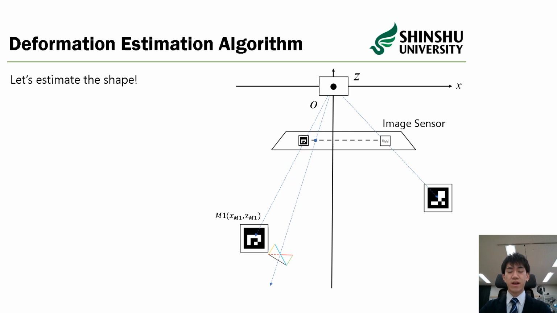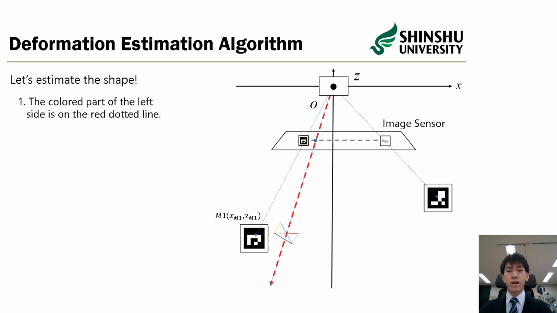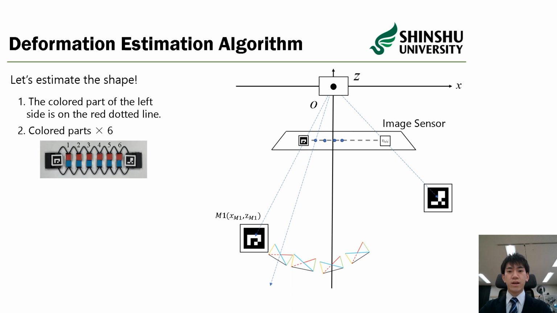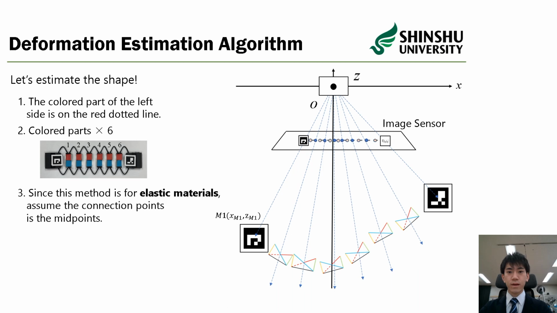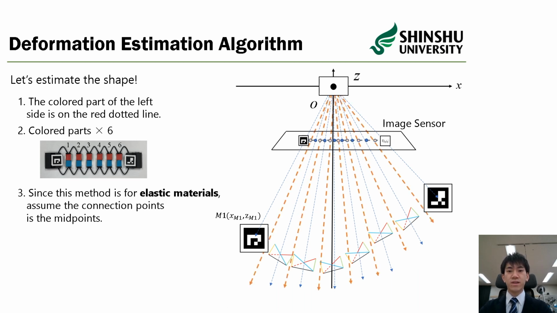Let's estimate the shape. The colored part on the left side is on the red dotted line. There are 6 of these parts. Since this method is for elastic materials, we assumed that the connection points on the image sensor would be the midpoints of each colored part.